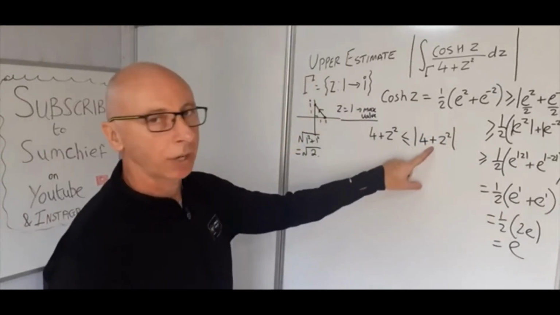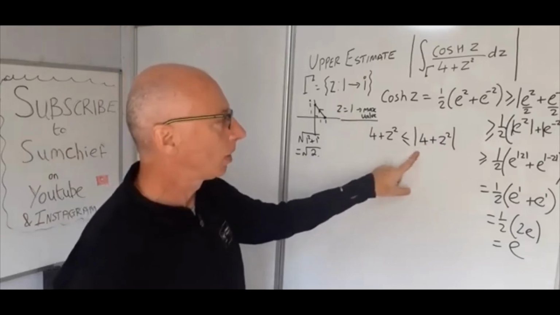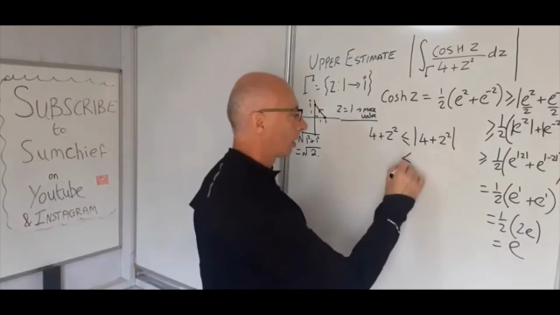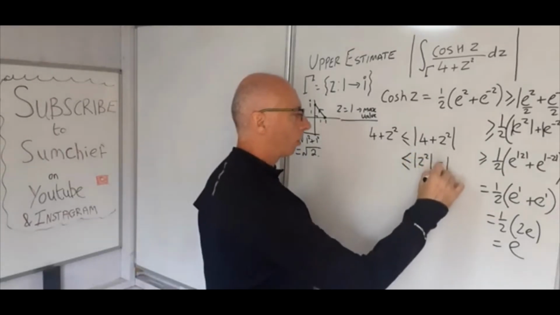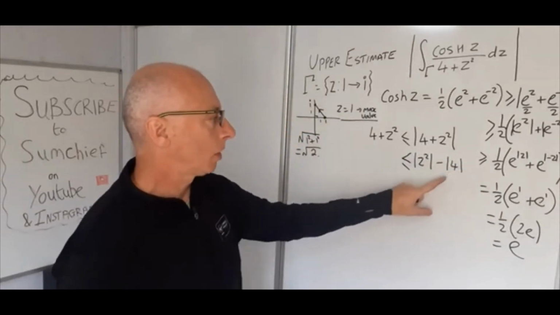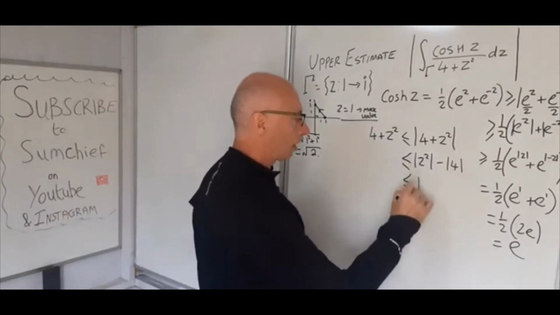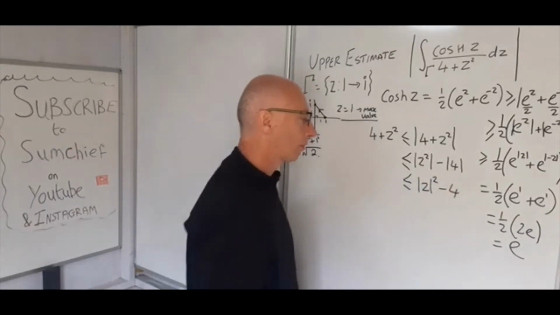What we do now is break this down: we bring the z squared out to the front and put the 4 in there with a minus sign. So now we have the modulus of z squared minus 4. The modulus of minus 4 is just 4, so we can bring that outside.